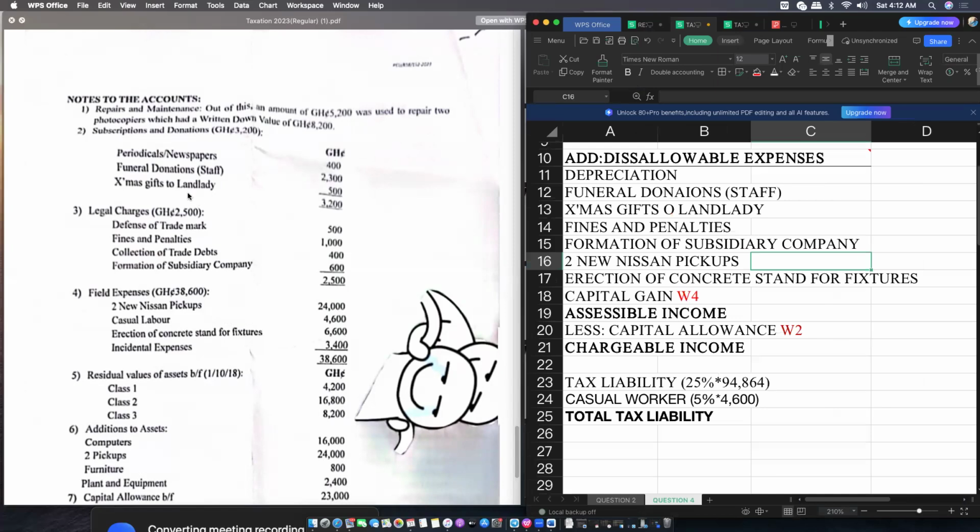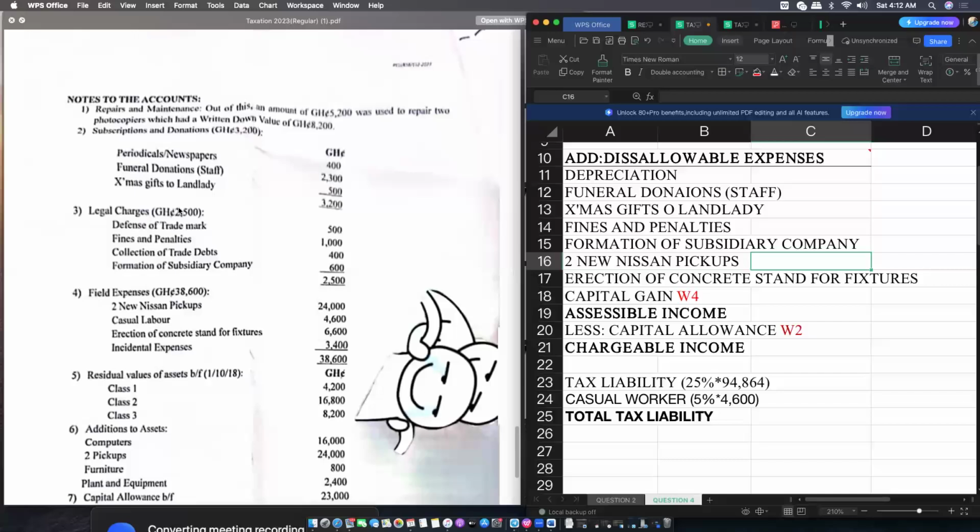No. Funerals. It is there. Xmas gift to landlady. You add back.